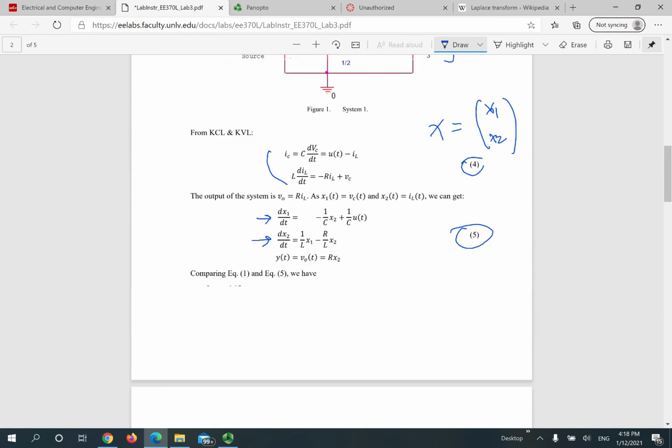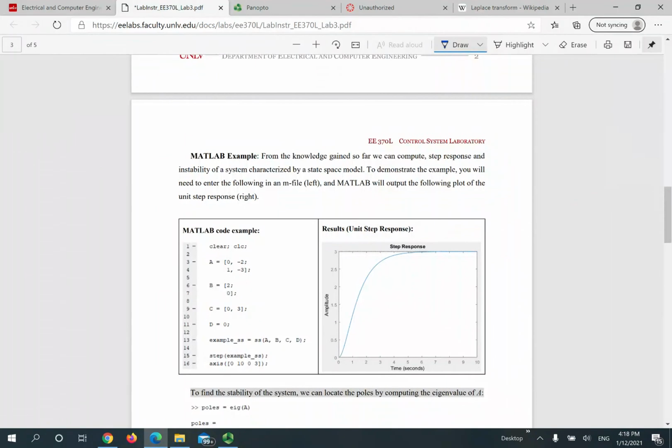What we need to do in MATLAB is to use this A, B, C, and D with ss(A, B, C, D) to build up a state space model, rather than using tf, if you still remember from the previous lab.